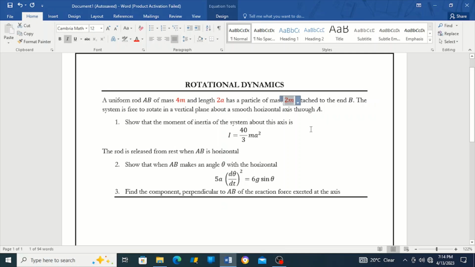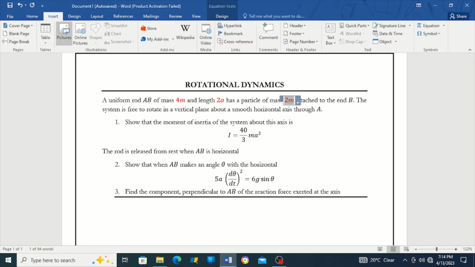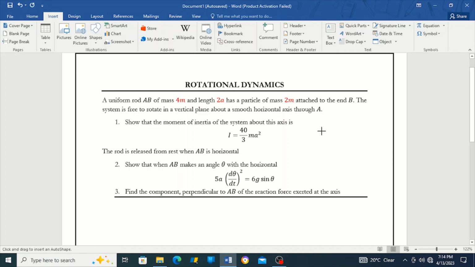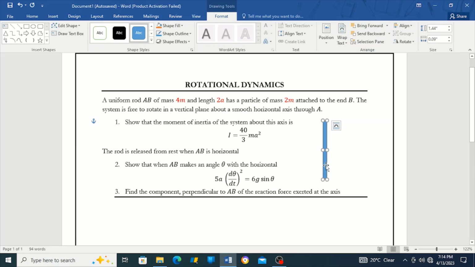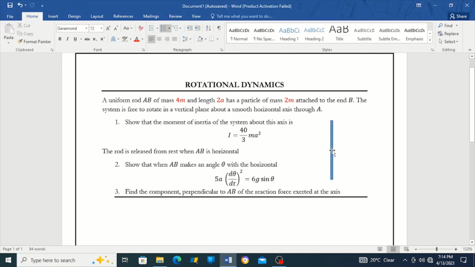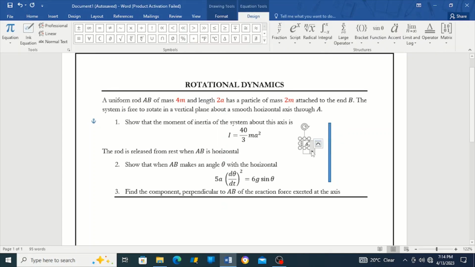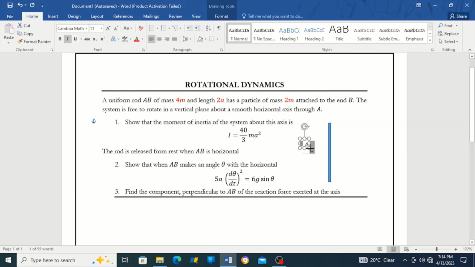Okay, so if the system is free to rotate in a vertical plane about a smooth horizontal axis, it means that initially the rod was in a vertical position. So we have our rod in a vertical position. Now let's label the point A as one end of the rod, and the point B as the other end of the rod.